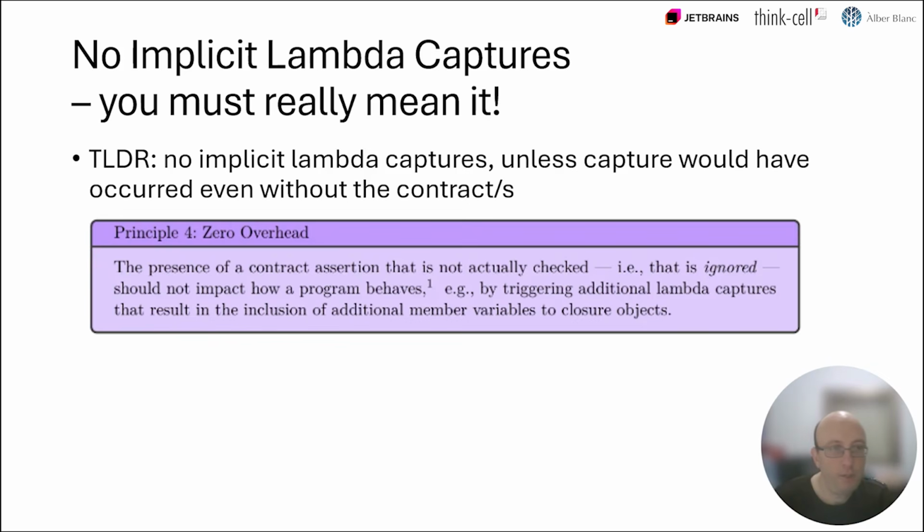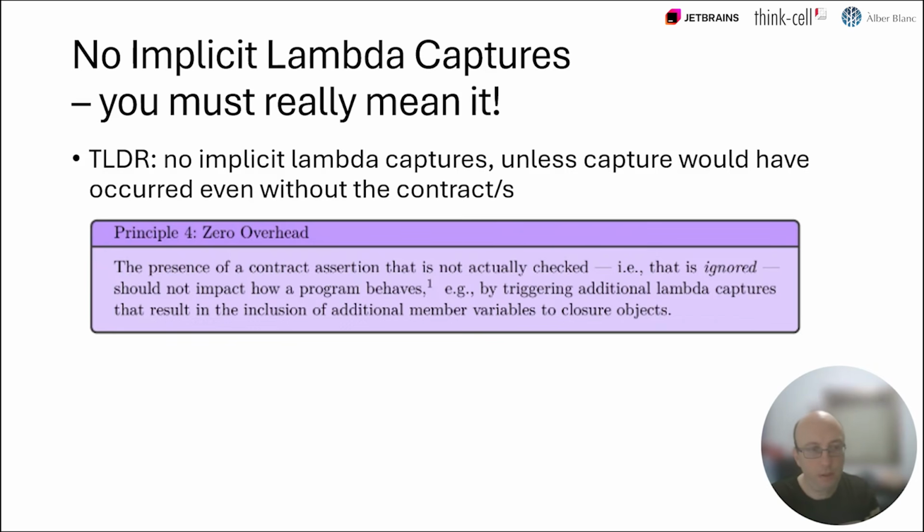On to our next topic, lambda captures and contracts. So the bottom line here is, by adding a contract to a lambda, you are not allowed to have that contract affect any capture that wouldn't have otherwise occurred.